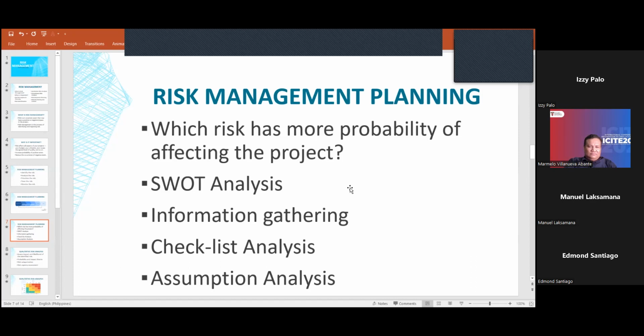So in terms of risk management planning, we need to check every single detail, every single aspect.